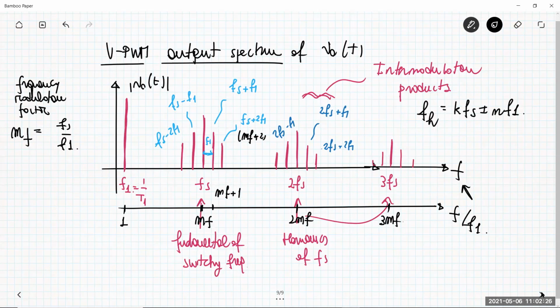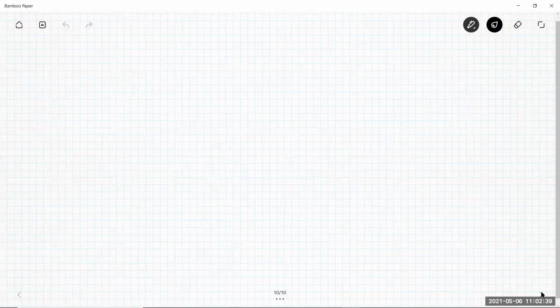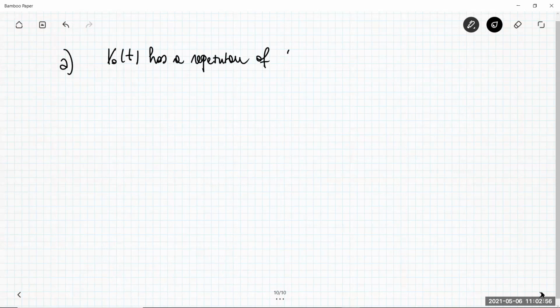What happens for the unipolar pulse width modulator? For the unipolar pulse width modulator, first of all, we have a switching frequency of the output which is twice the Fs frequency. So let me put A: V naught as a repetition of 2Fs.